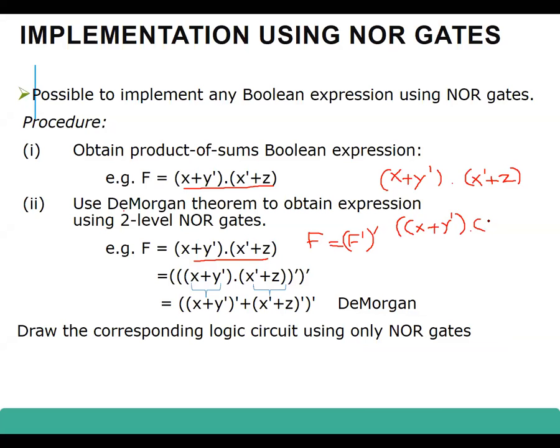You have to get the complement of the complement here, like this. So then you can apply De Morgan's theorem. When you apply De Morgan's theorem, this is an AND and here an OR.